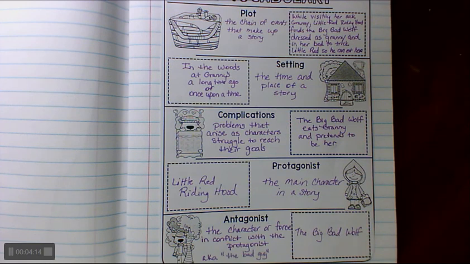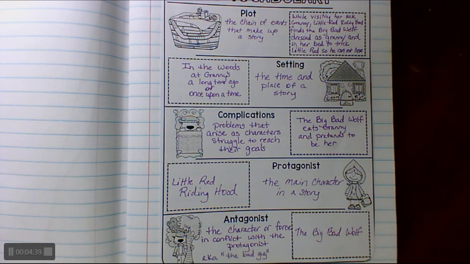And setting is not just one thing. The setting is not just in the woods. It's in the woods at Granny's house once upon a time. So whenever you're giving an answer about setting or plot, give the full answer. Don't give just, it was in the woods.